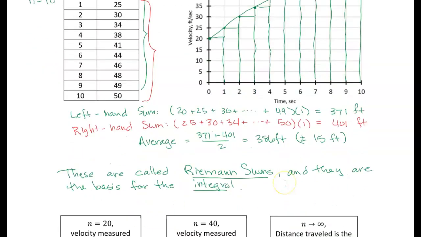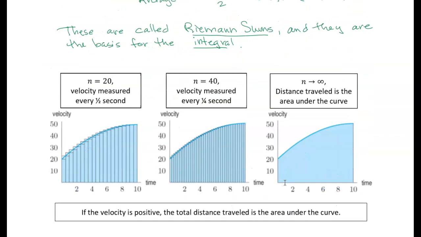Okay, and I briefly talked about how this is essentially the basis for the integral. So the idea is if you break the time interval up into finer and finer and finer slices, then you're going to get a better and better and better estimate.